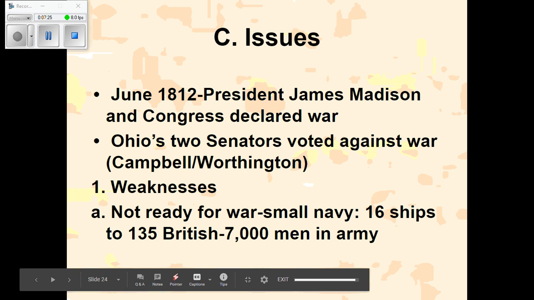In terms of a permanent Navy, naval ships to fight, we only had 16 ships. On the other side, Britain had 135. And we only had 7,000 men in our standing army. So somebody kind of dropped the, I'm forgetting what the saying is, but anyways, they dropped the ball.